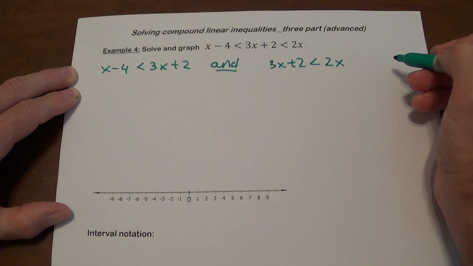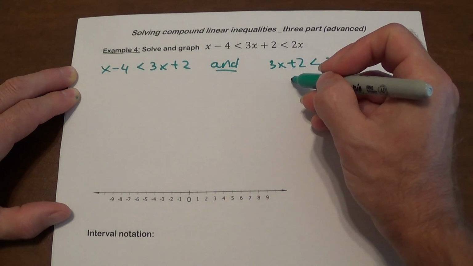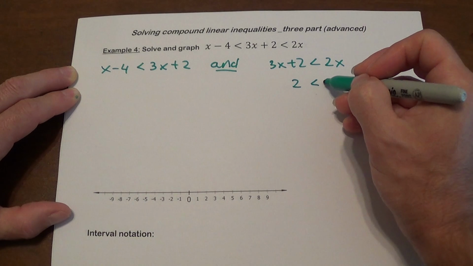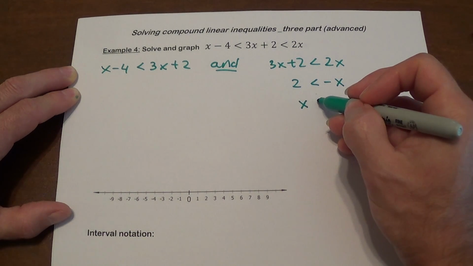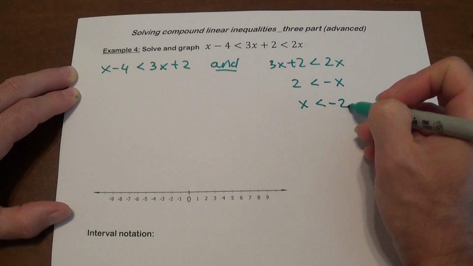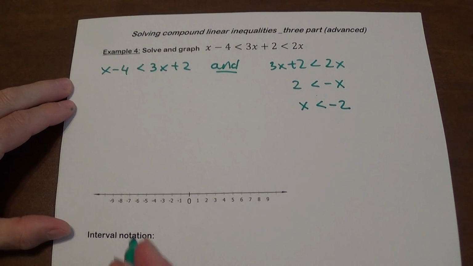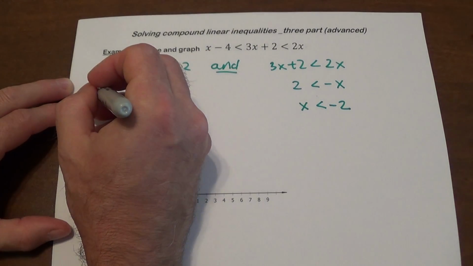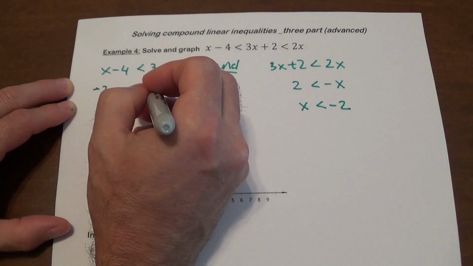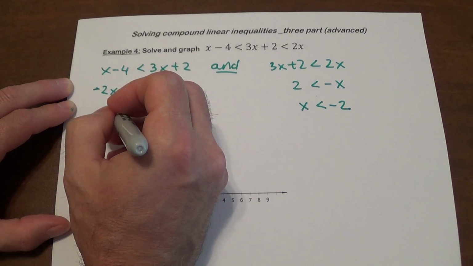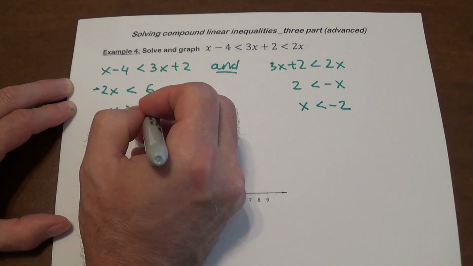So if we solve this, let me start here since I'm already at this one. 2 is less than negative x, so x is going to be less than negative 2. Right? And with this one, subtract 3x will give you negative 2x, and add 4 will give you equals 6. And this is going to give us x is greater than negative 3.